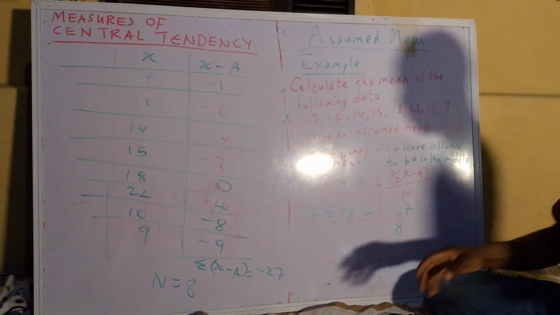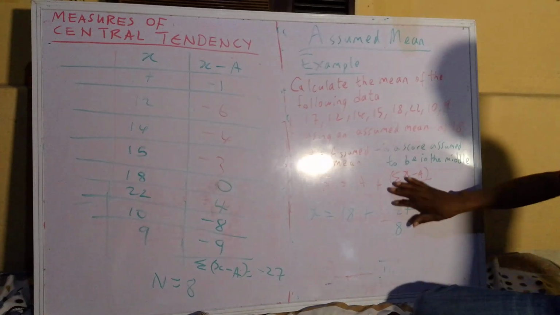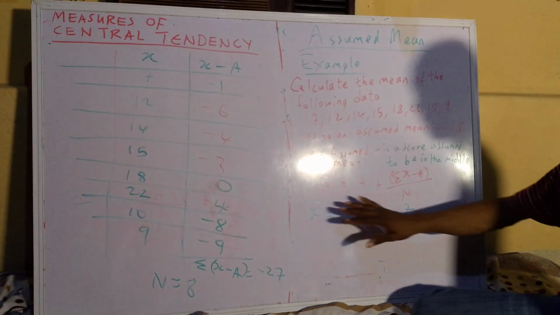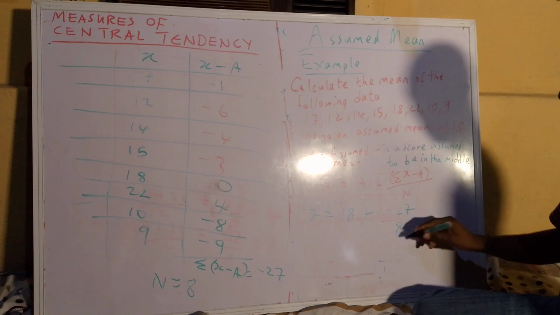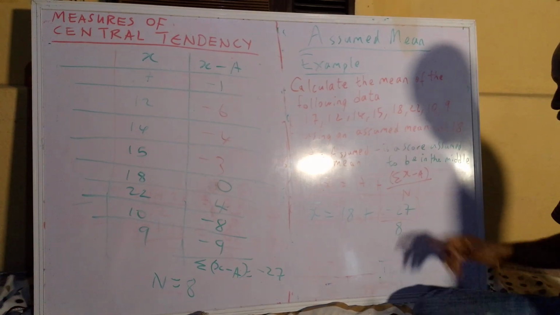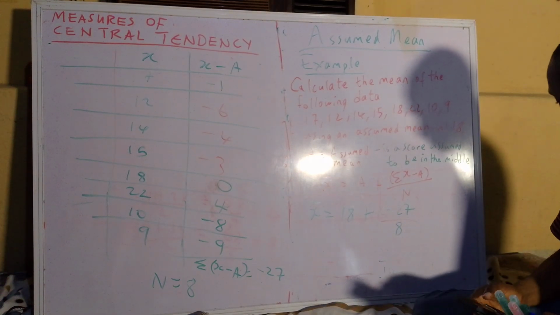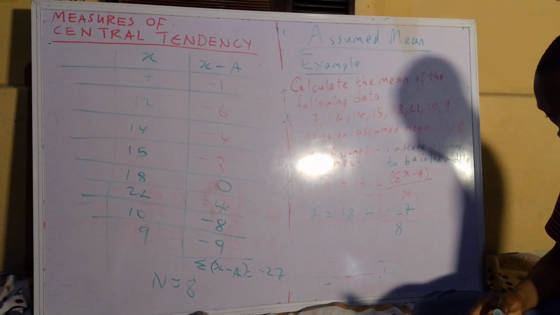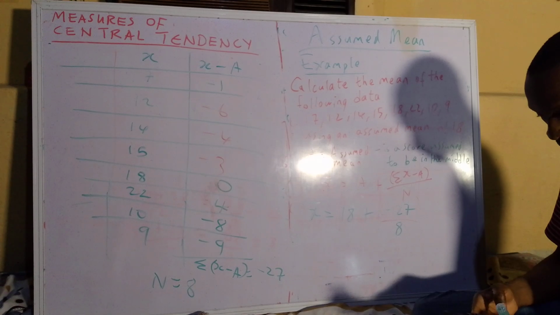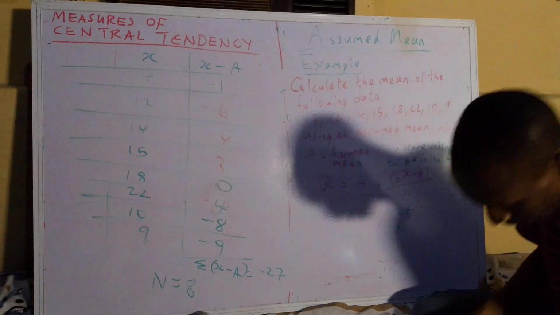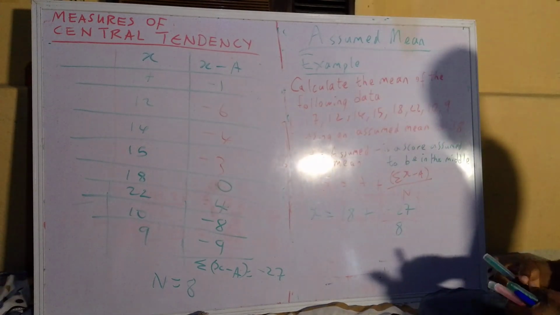Now, if you want to avoid mistakes, you do this part first. Don't just add. There's a minus here, so you use your calculator and solve here first. Minus 27 divided by 8 will give you minus 3.375.